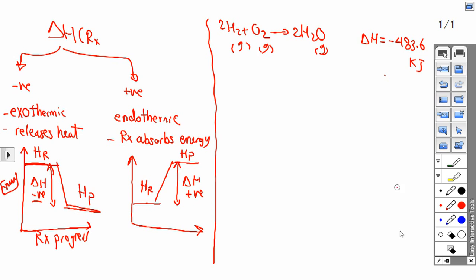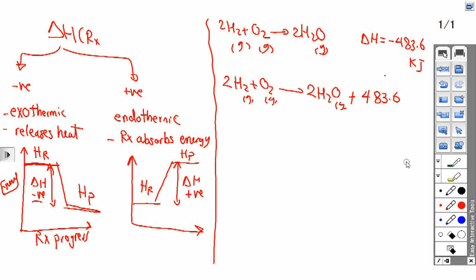If delta H is negative, the reaction is exothermic, meaning the energy is in the product. So we should write this value in the product, because this reaction is exothermic. So 2H2 gas plus O2 gas produce 2H2O gas plus 483.6. This is the thermochemical equation for the formation of 2 moles of water.